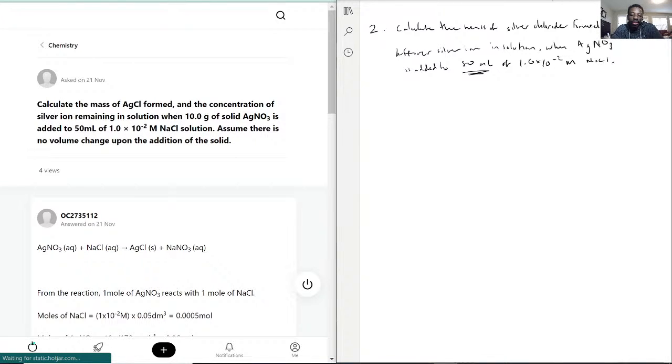Okay, so with that being said, let's actually write down the full equation first, because we want to know what's actually happening in this solution.